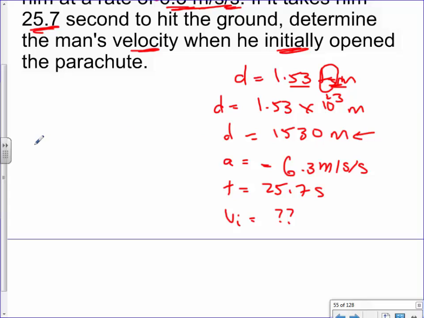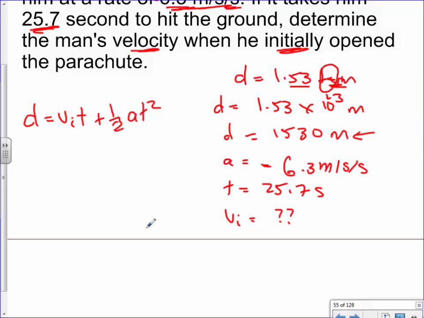So, need my next formula. Distance is equal to velocity initial times time plus 1/2 of AT squared. This one's not as nice as the last one.